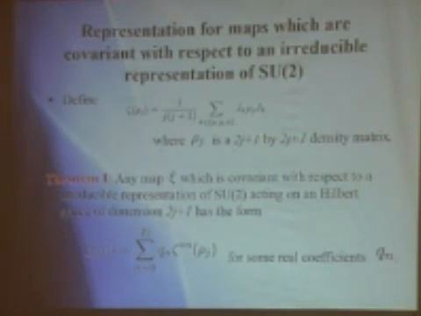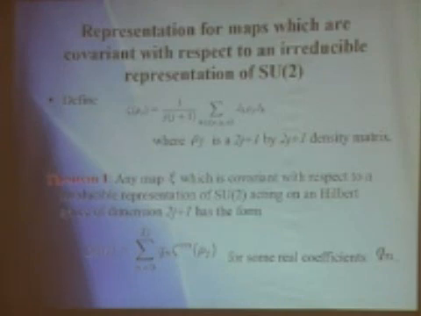So now let's look at the new representation that I'm proposing. But let's first define some map that I call zeta, which is actually just as if I apply one of the generators that I was talking about at random. So I apply one of the angular momentum operators on my density matrix, like uniformly, and then this is just a normalization constant.